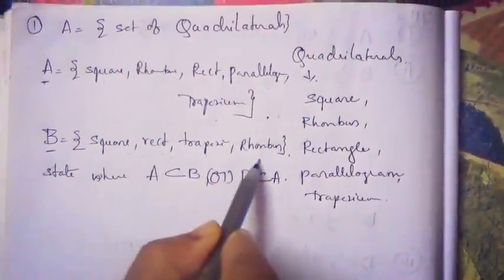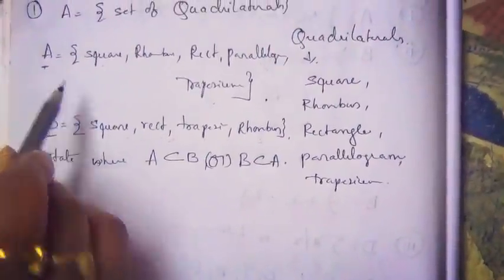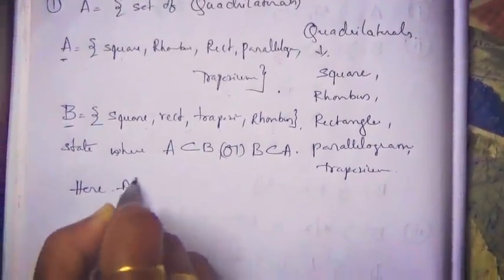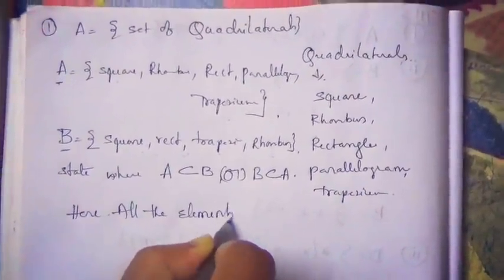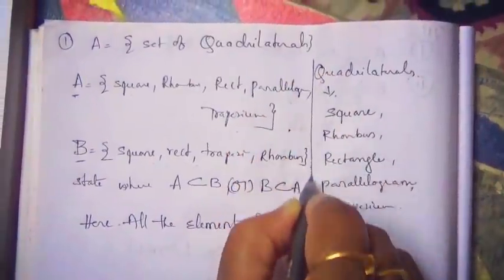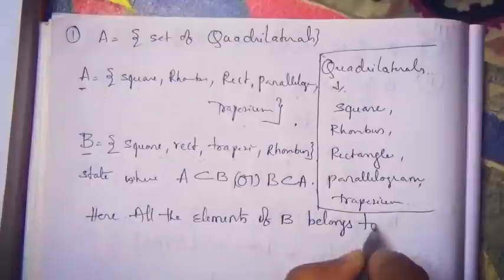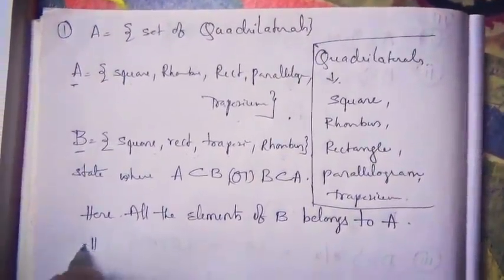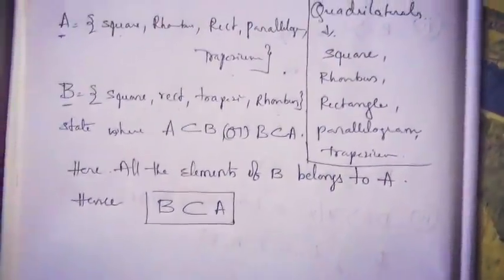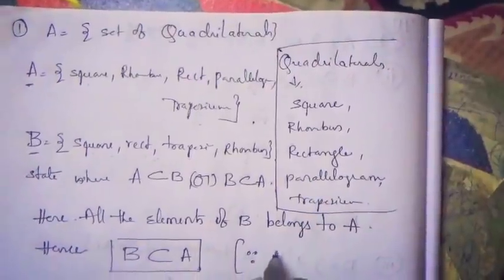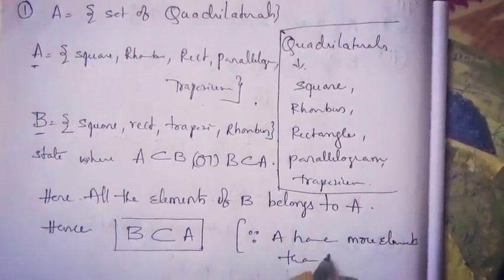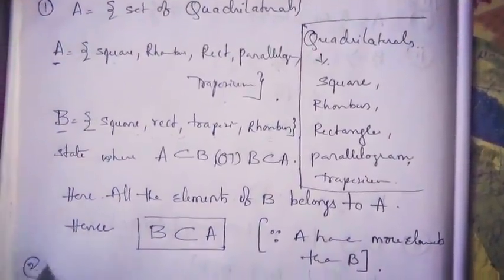But all the remaining 4 elements belong to A. Hence all the elements of B belong to A. Okay, hence B is a subset of A. And also since A has more elements than B.